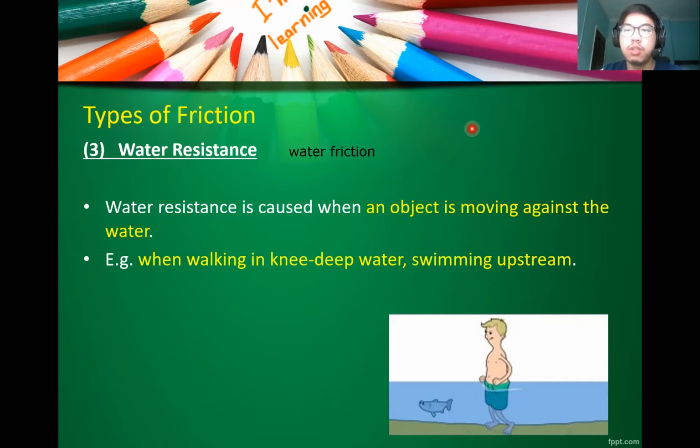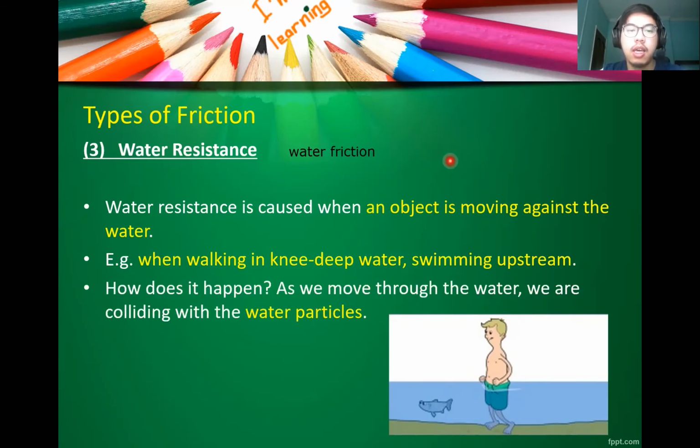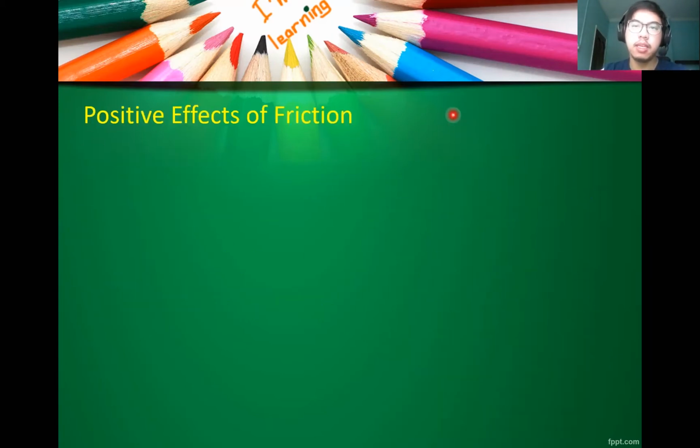That means when you are swimming against the current, you can really feel the water pushing back against you, and that is also a type of water resistance. Why does water resistance happen? Similarly to air resistance, it's because of water particles colliding against your body and pushing against your body when you move through water.